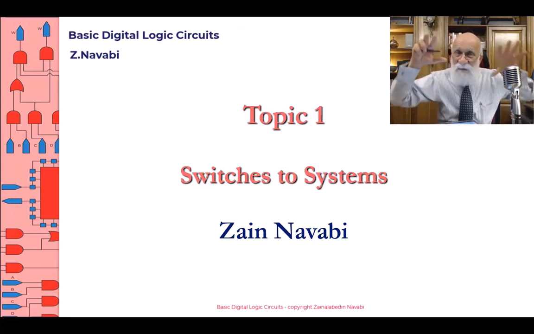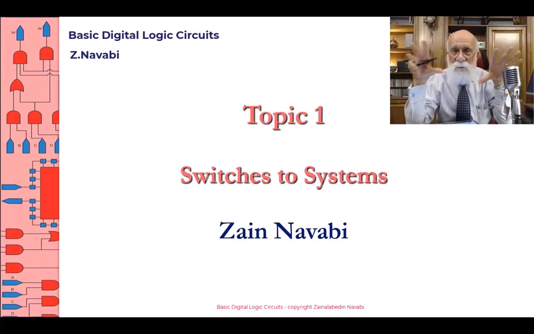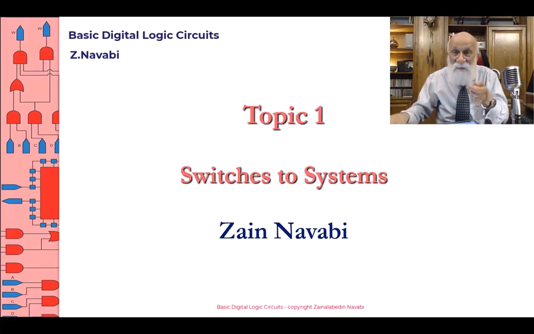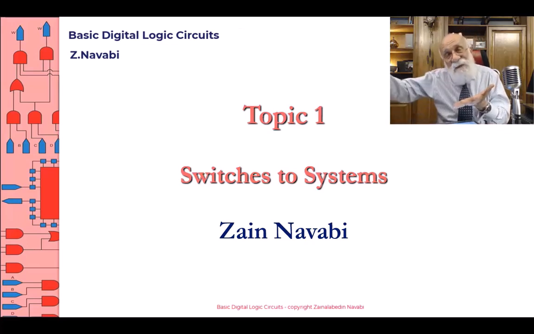But this is the system level way of looking at it. When you get down into the details of it, all there is to it are a bunch of transistors, millions and millions of transistors. That's why I'm saying from switches, transistors.